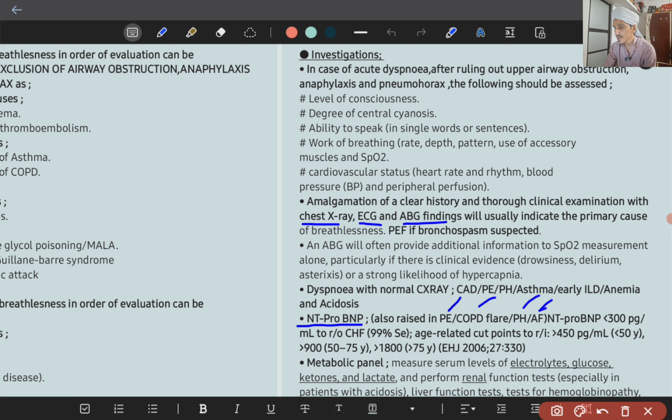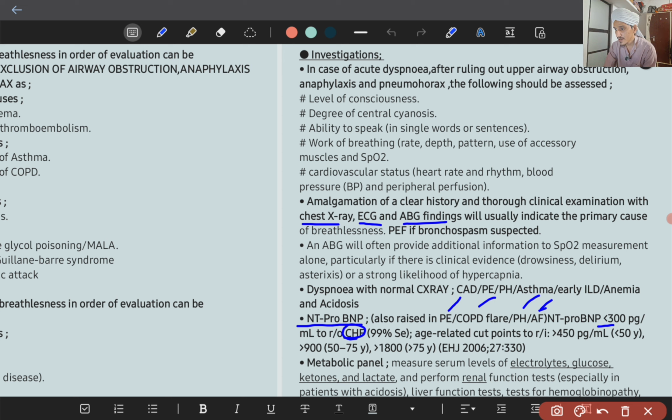If the NT-proBNP level is less than 300 picogram per ml, that rules out cardiac cause of breathlessness. It rules out congestive heart failure. If the NT-proBNP is less than 300 picogram per ml, then there is no cardiac cause. 99% specificity.